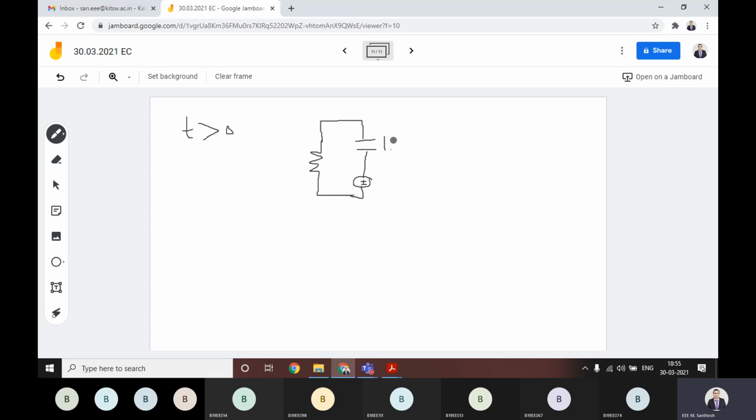This is 1 microfarad and this one is 2k ohm. Then this one is VC of 0. We need to find the value of VC of t. This value is basically VC of 0, that is 33.33 into e power minus t by tau.